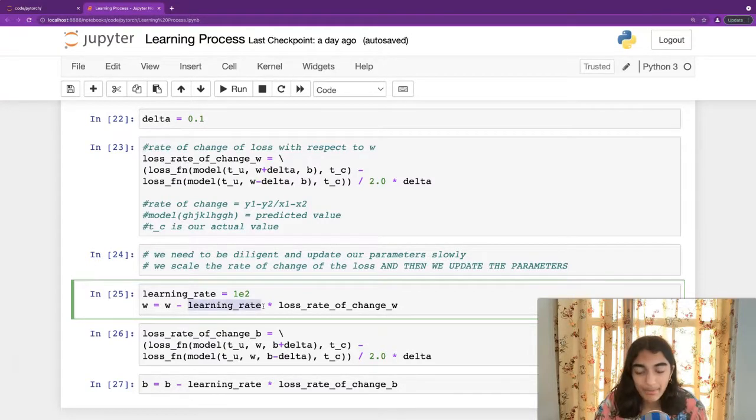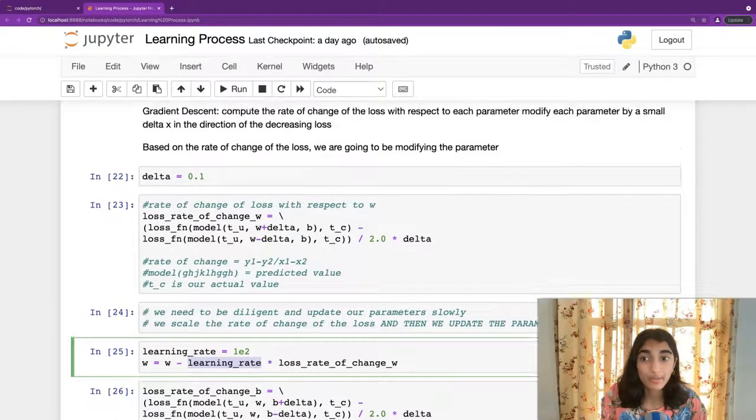We have a learning rate because we need to update our parameters slowly. We can't just subtract the rate of change. We need to scale it down by a lot, and make it really small, because we don't want to be updating our parameters by too much.